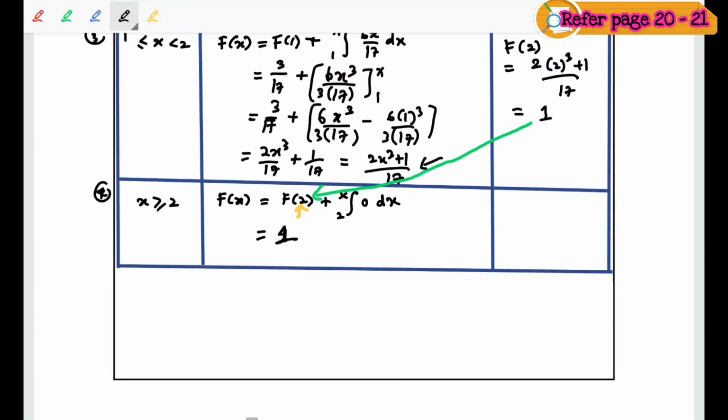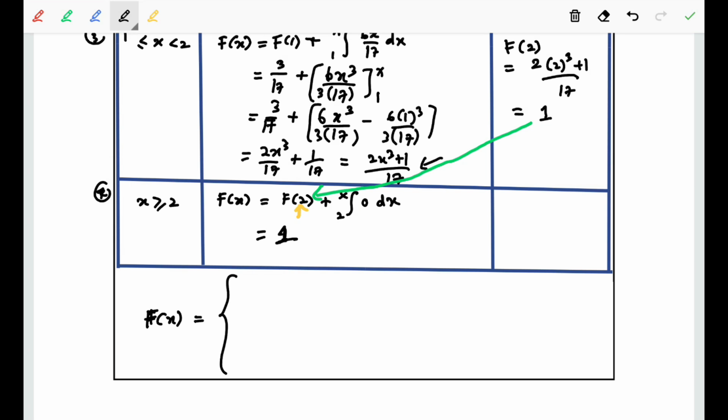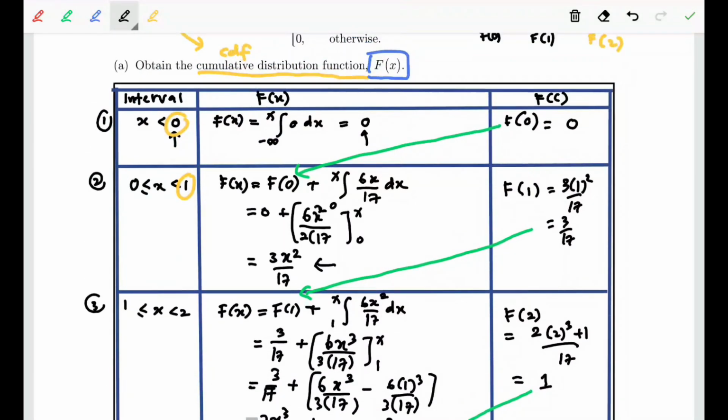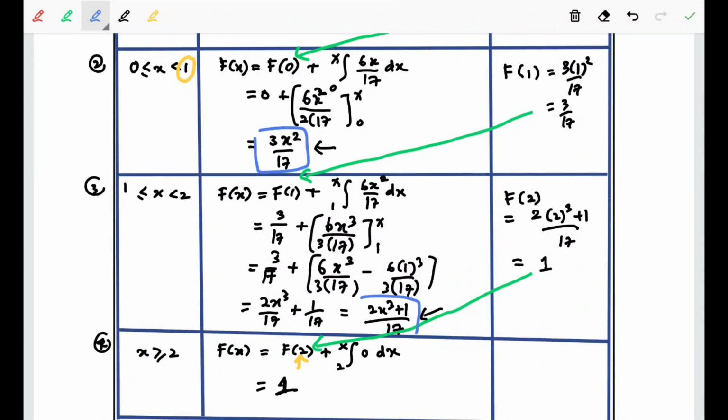And then write down the final answer. You have to write it down in piecewise form. So f of x equals, okay, just copy down all the CDF that we have found, starting from 0 and then followed by this one, followed by this one, and ending with 1.